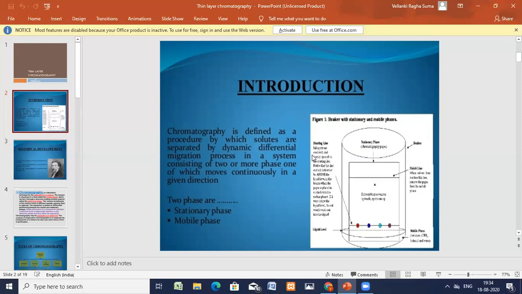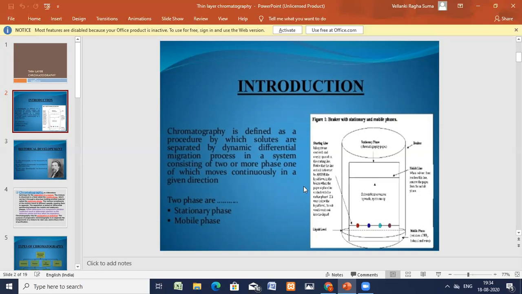Here, I have explained different types: paper chromatography, thin layer chromatography, gel chromatography, column chromatography, ion exchange, gel filtration, gas liquid, affinity, and so on. Previously, I have given you a detailed explanation of paper chromatography, and in today's class we'll see thin layer chromatography in detail.